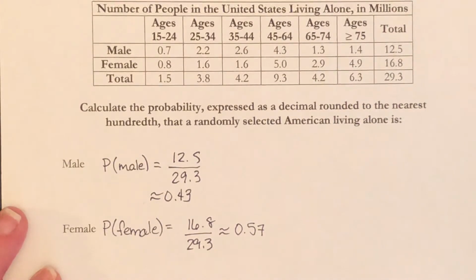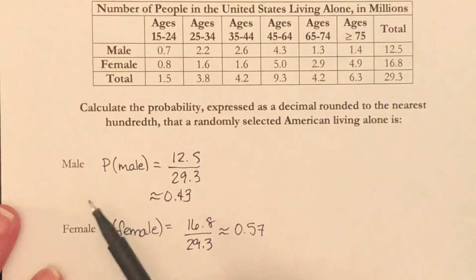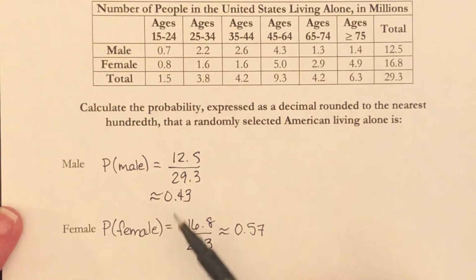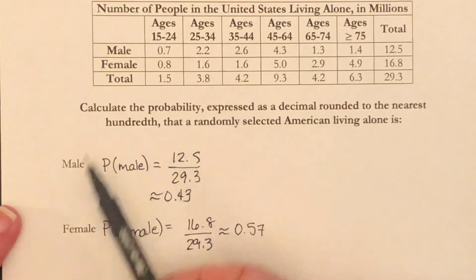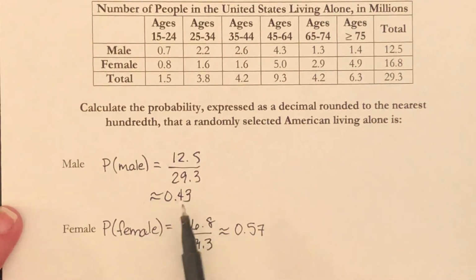Okay, notice one thing. Like I said, this book considers males and females and nothing else. So if you're talking about all the people who were being questioned here, then they were either male or female. So this should take care of everyone. And if you look here and here, if you add these two numbers together, you get 1.